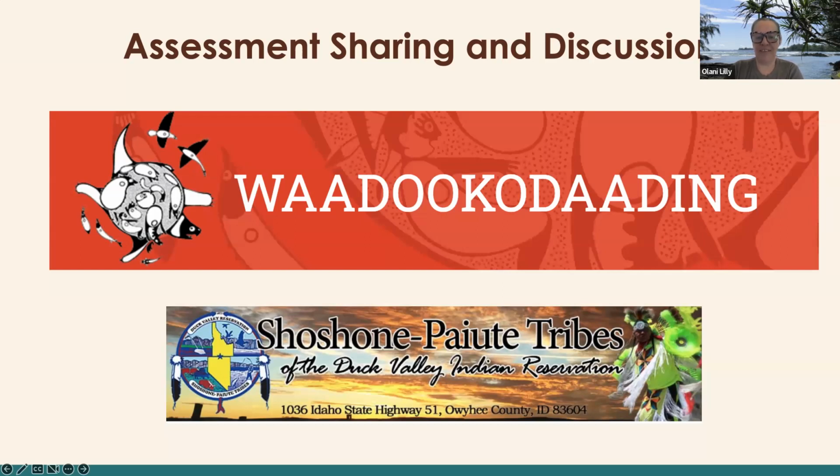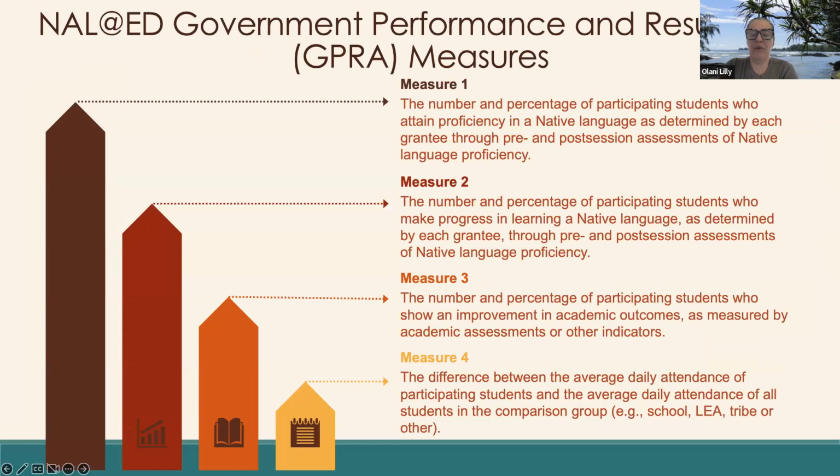So let's get into this. As it relates to the NAL, when we're talking about language proficiency and progress, that directly relates to your first two GEPRA measures. You can see by looking at this GEPRA that it provides a lot of latitude as far as how you are defining proficiency and progress, as well as the methods in which you are assessing that.